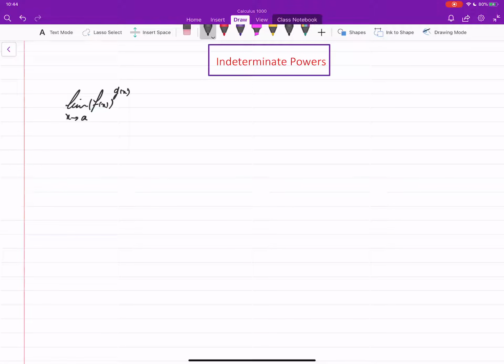Three different cases happen, and each one will give us a new indeterminate form. When x goes to a, if the limit of both the base and the exponent are 0, then we have the 0 to the power 0 indeterminate form.